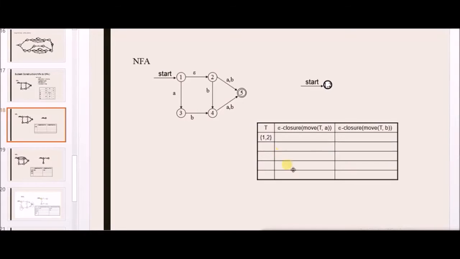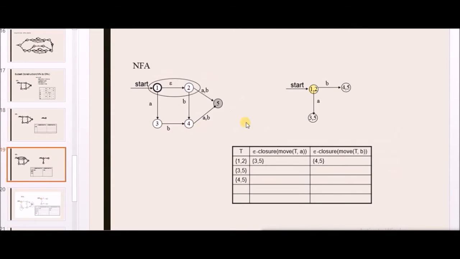This is the transition table for this NFA. This column is for the states, this column is for alphabet A, and this column is for alphabet B. Now we have to define our moves for the newly created state 1, 2.